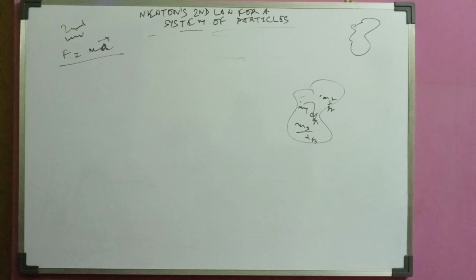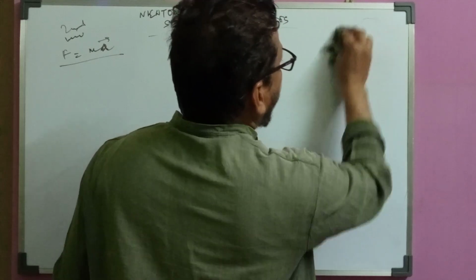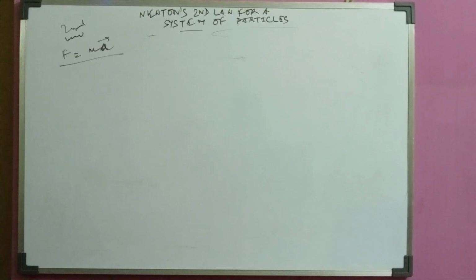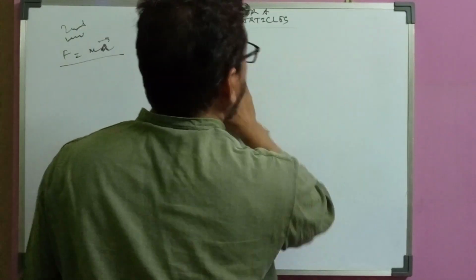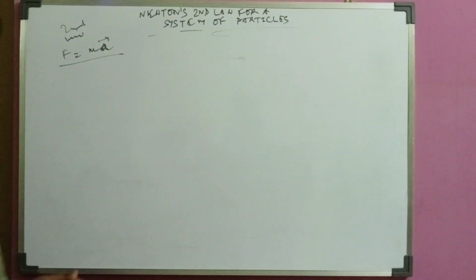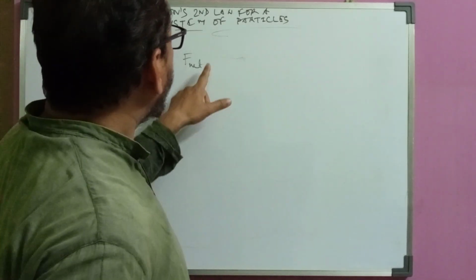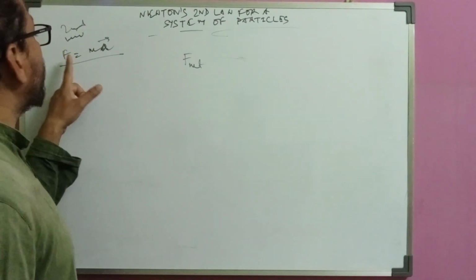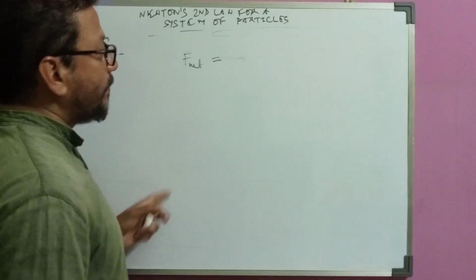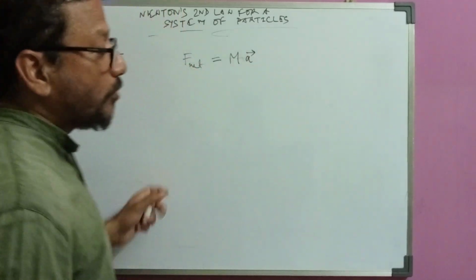So what is this F net? Previously we did this. F net is nothing but the net force. So F net will be like M A, a combination.